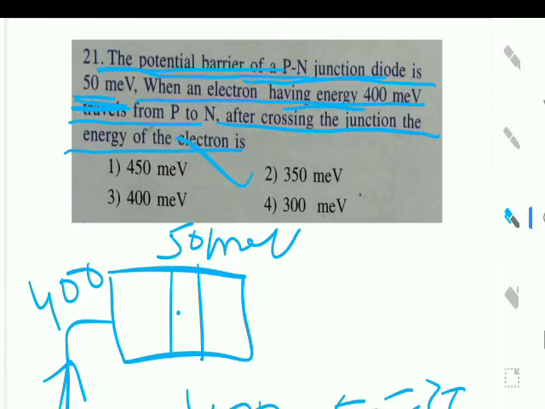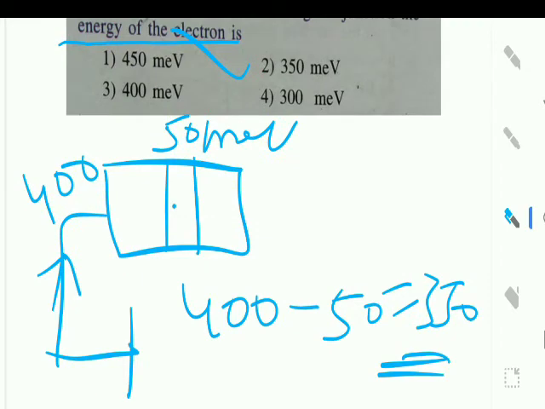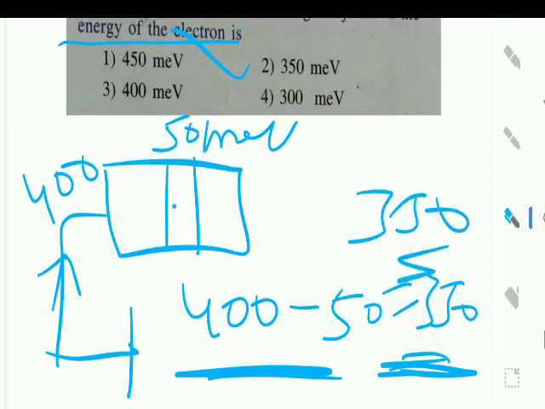Our answer is 350. So subtract total energy minus potential barrier energy, we get the answer 350 milli electron volts.